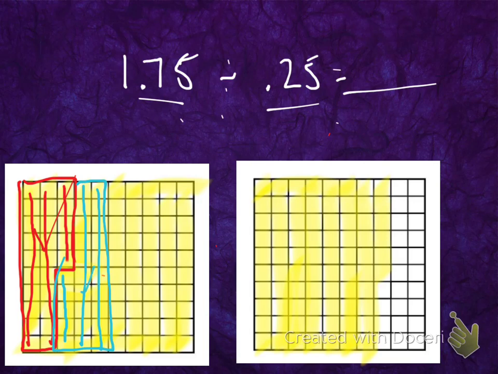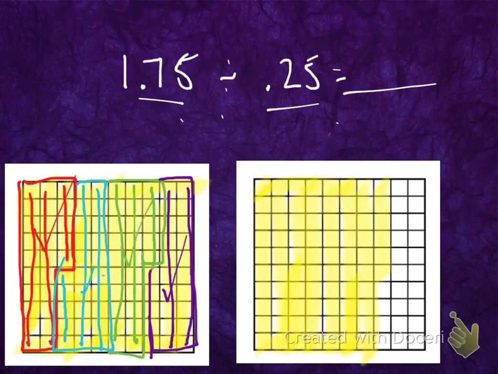Once again, I'm going to use a different color to mark off my next group of 25 hundredths, which is going to be that. Okay, so as you can see here so far, I have my first group of 25 hundredths in red, my second group in blue, my third group in green, and my fourth group in purple.